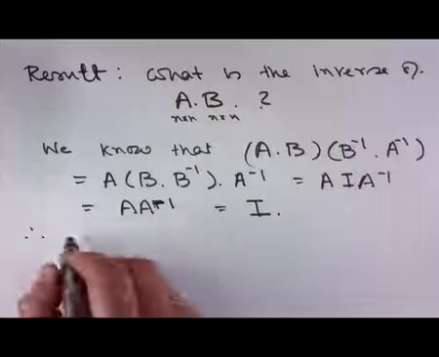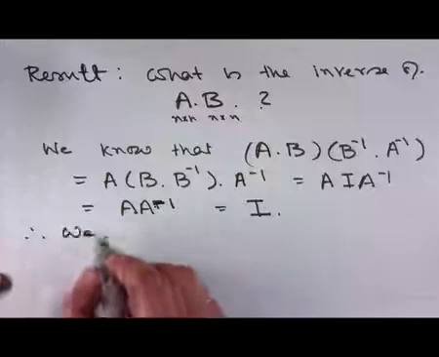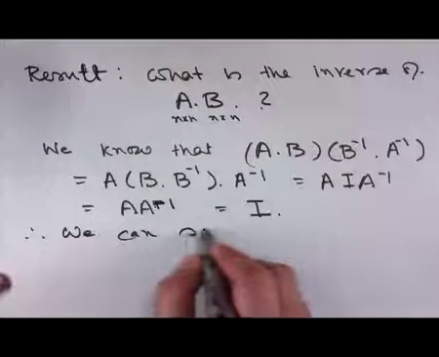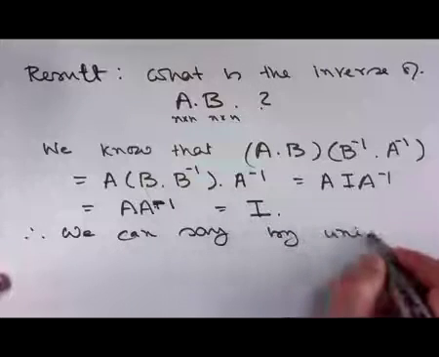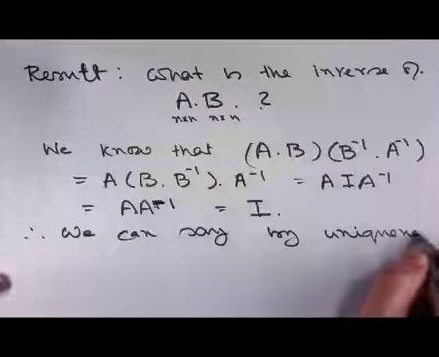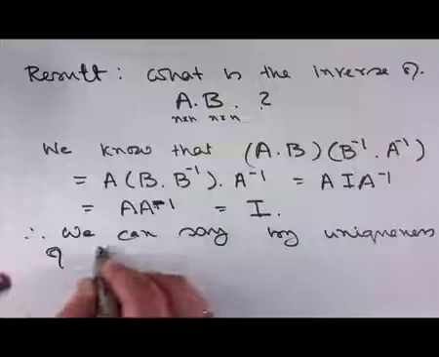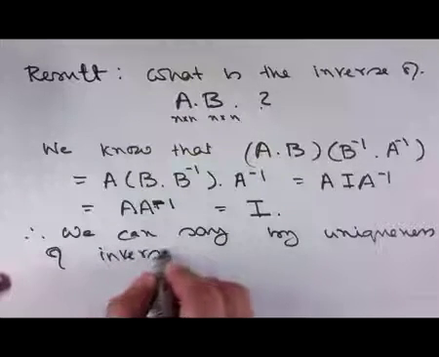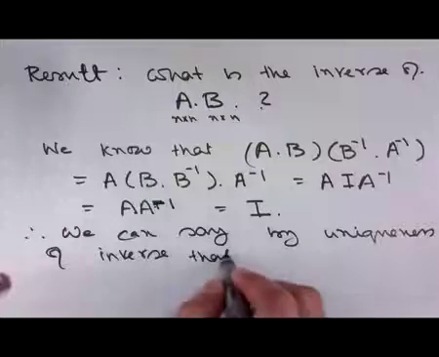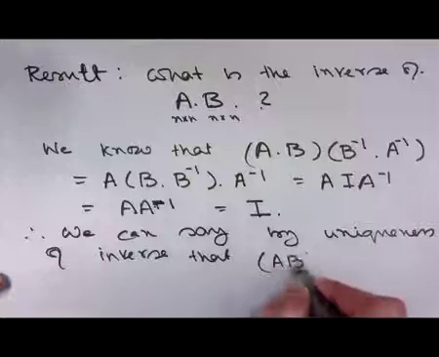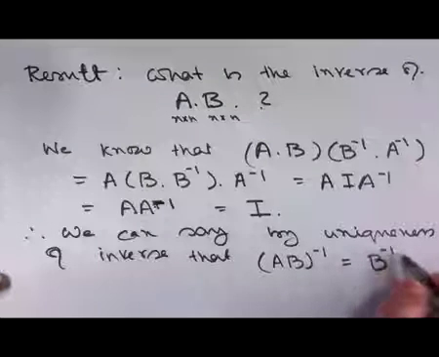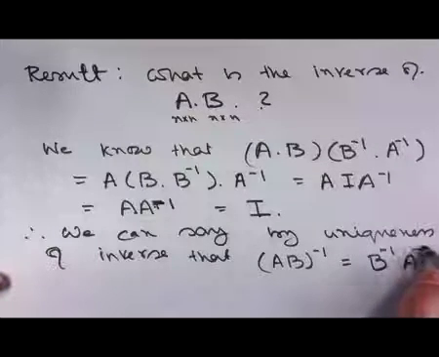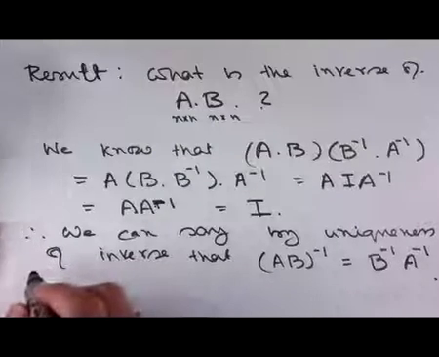Therefore, by uniqueness of inverse, AB inverse is equal to B inverse multiplied by A inverse.